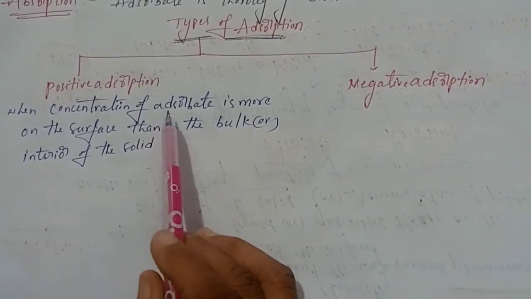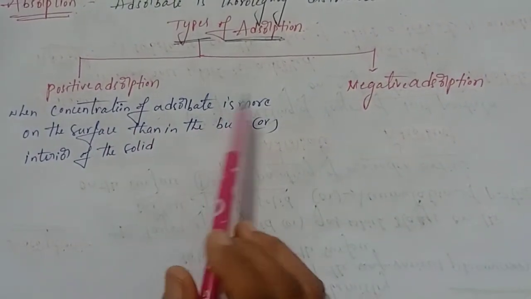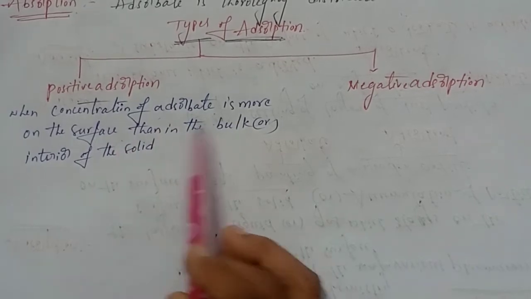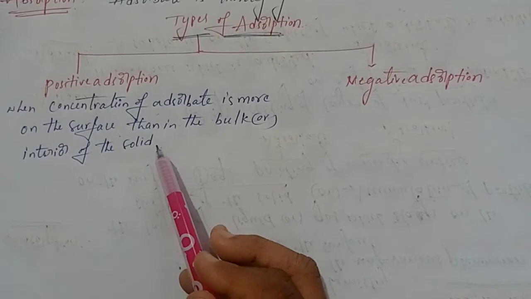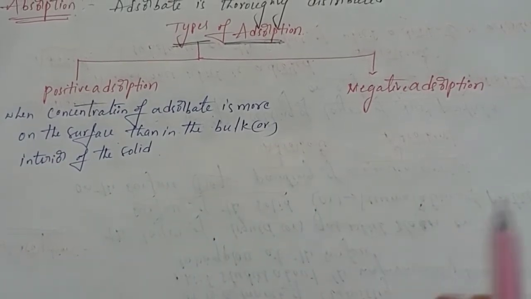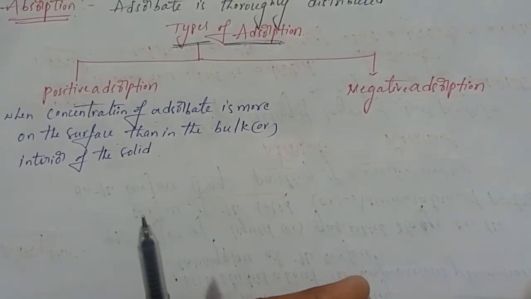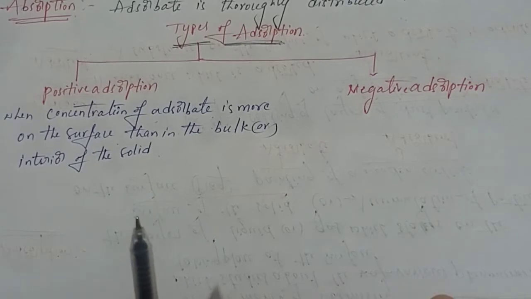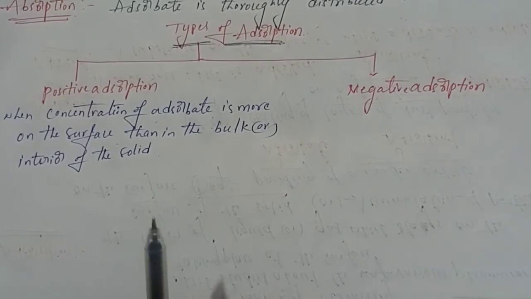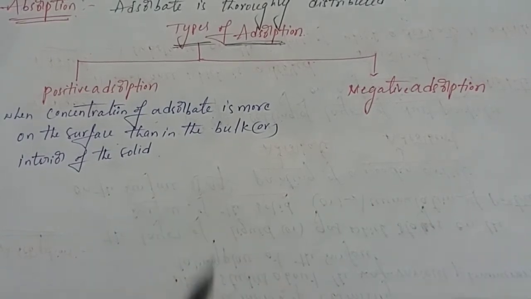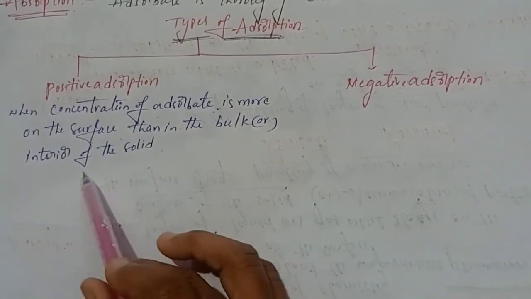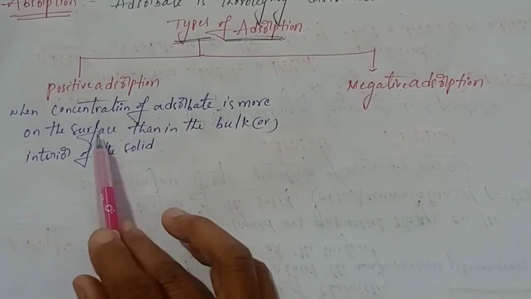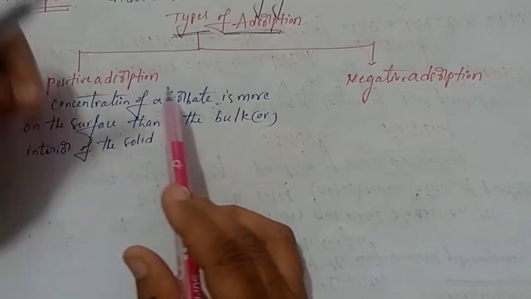So if the concentration of adsorbate is more on the surface than in the bulk or interior of the solid, that is called positive adsorption.